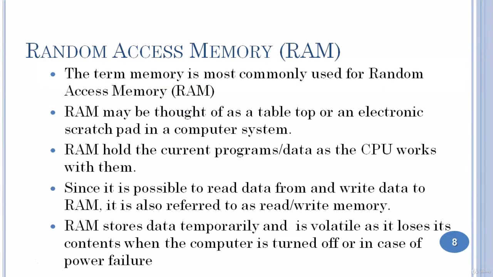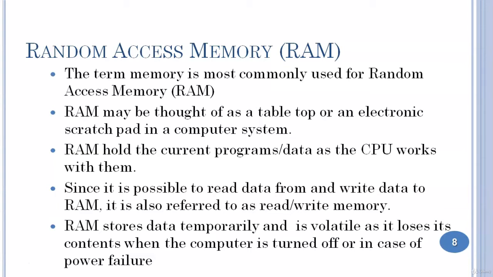Now let's understand what is a random access memory or the RAM. The term memory is most commonly used for random access memory or the RAM. RAM may be thought of as a tabletop or an electronic scratch pad in a computer system.